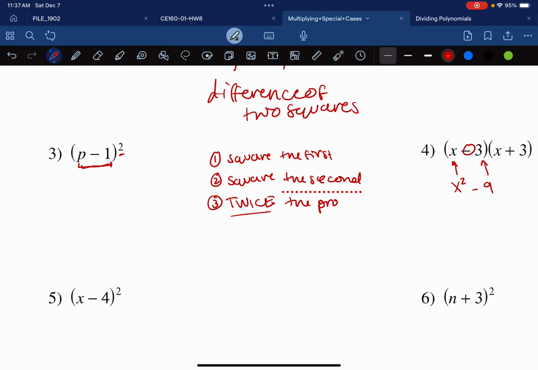Okay, the first two are pretty self-explanatory. p squared is p squared. Negative 1 squared is positive 1. Negative 1 times negative 1 is positive 1.